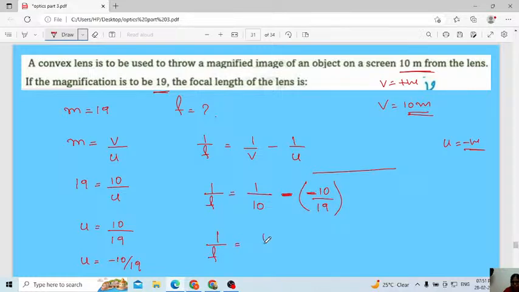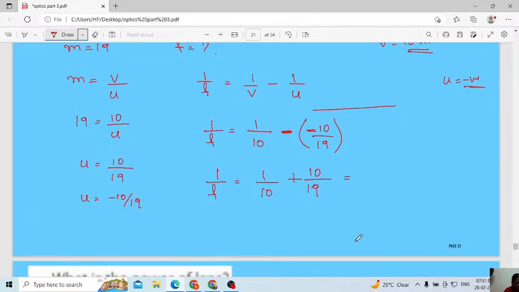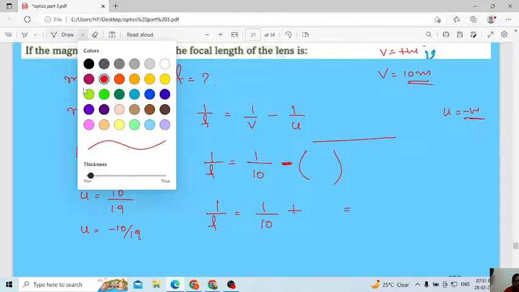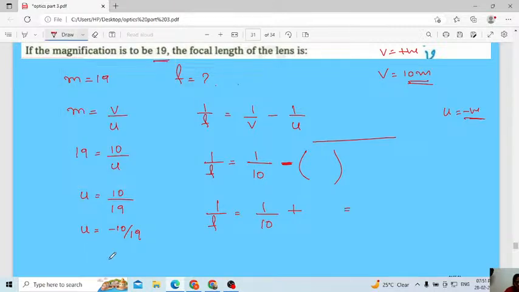1 by f it will be 1 by 10 plus 10 by 19. Take the LCM and solve. Oh, here we have to take the reciprocal now. Sorry, I will make a change here. See here, u value is this one, then 1 by u is the reciprocal. 19 divided by 10, here minus 19 divided by 10.